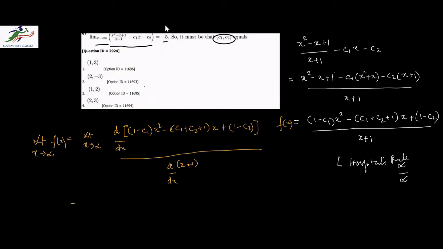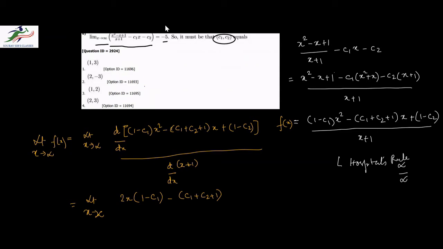So that will give us the limit x tending to infinity of 2x into 1 minus c1 minus c1 plus c2 plus 1, and the denominator will be 1. So this is the value of the function as x tends to infinity.